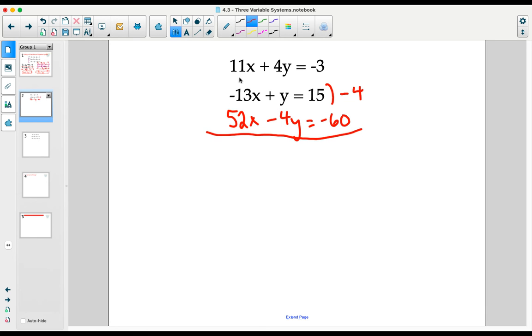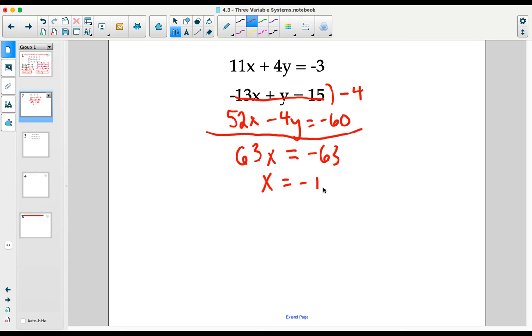Adding down, I'm going to get 11 and 52 is 63. The y's will add to 0, eliminating the y variable from this two-variable system. And then negative 3 plus negative 60 is negative 63, which is certainly convenient as it leaves me with x is equal to negative 1.